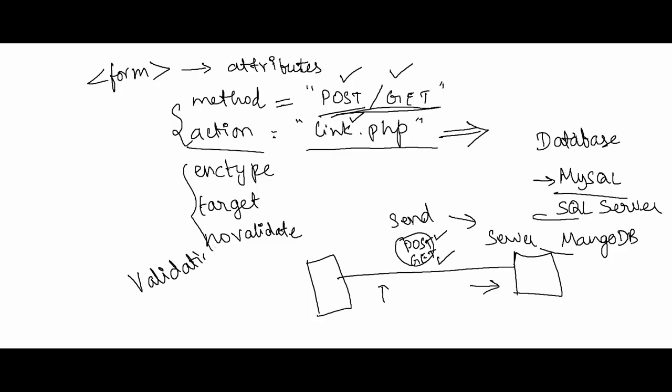Validation means whether I have given name correctly, or email ID correctly, or mobile number correctly. So mobile number should be, as per Indian format, 10 digits, right? We should not give more than 10, right, or less than 10.